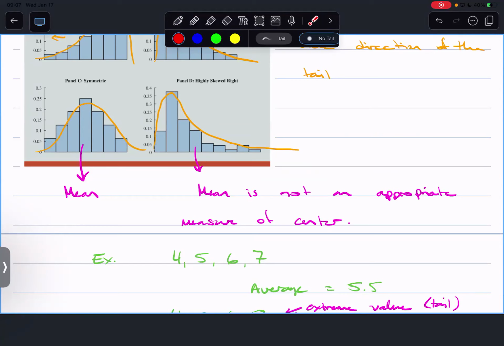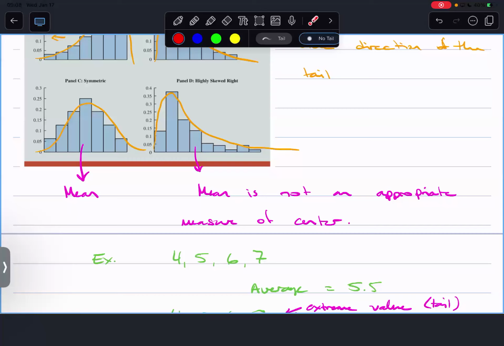If the tails are pulling evenly, then that's fine, then it is the center. Whereas if you have a skewed distribution, the average is pulled away from the lump down towards the tail. So that's a problem, but we hear it all the time.